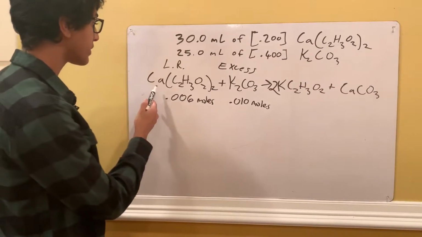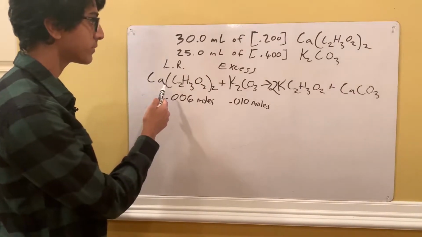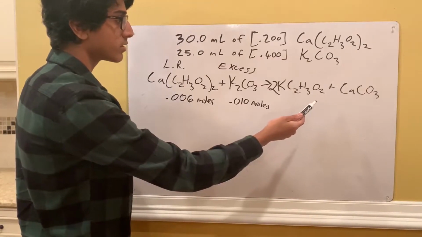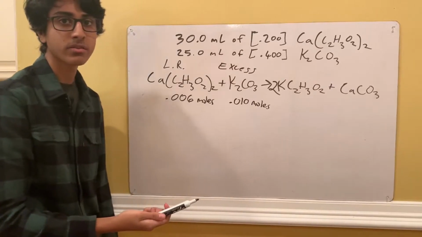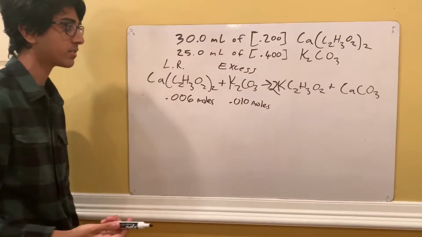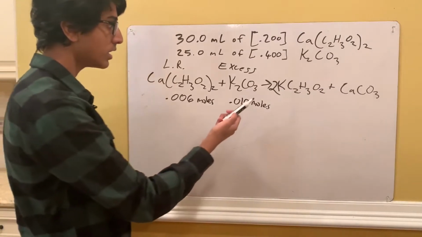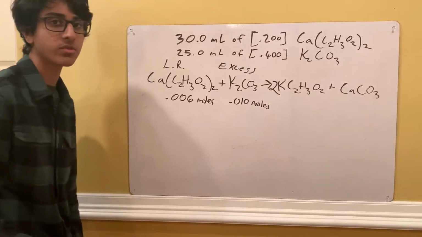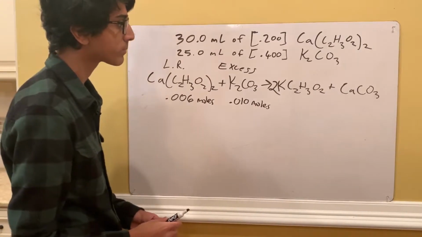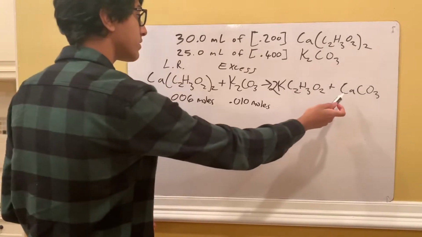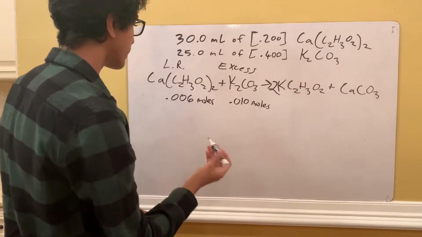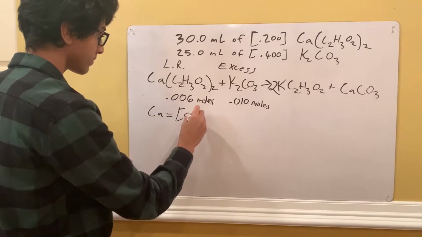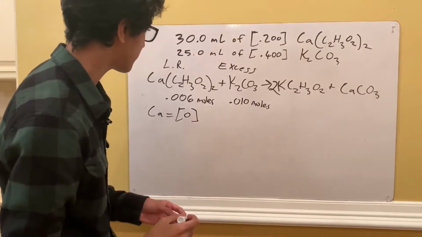Ca appears in the limiting reactant, and we know that CaCO3 is insoluble because it doesn't have any group 1 element or any of the other soluble ions, while the other product is soluble since it has a group 1 element. This is just memorizing your solubility rules. So Ca appears in both of these, and we know that Ca has a concentration of 0.